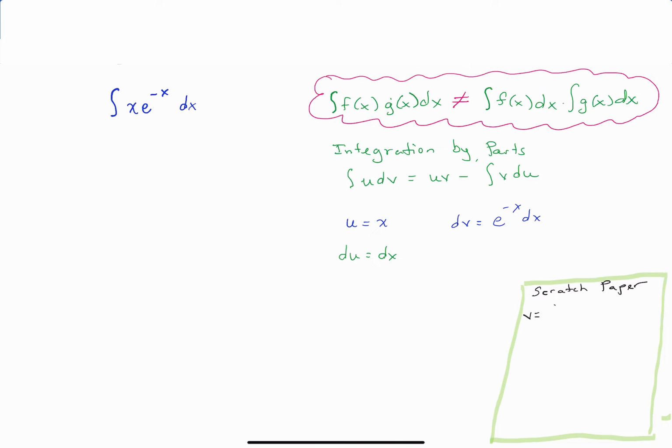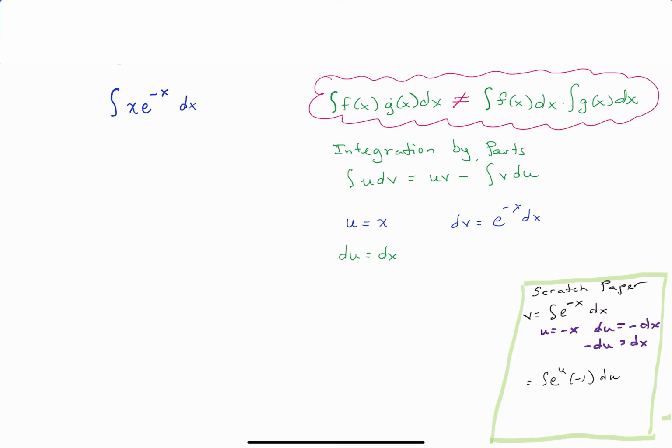V is the antiderivative of e to the minus x dx. I'm going to need to do a little u substitution. Let's let u be minus x, then du will be minus dx. So I'll be putting minus du in for dx, which gives me the integral of e to the u times minus, I'll make that a -1, times du.